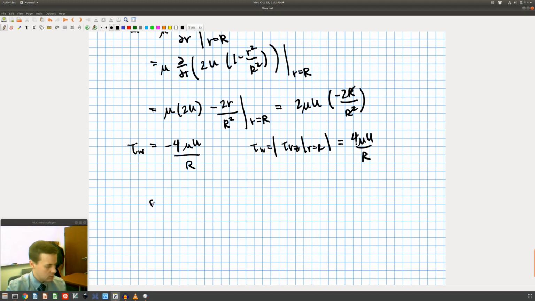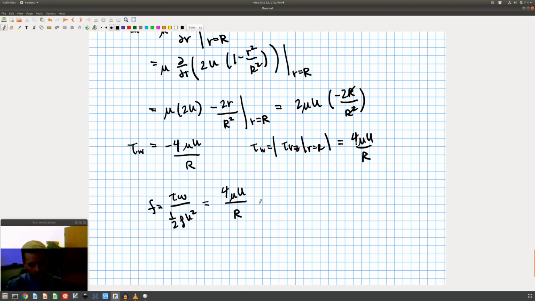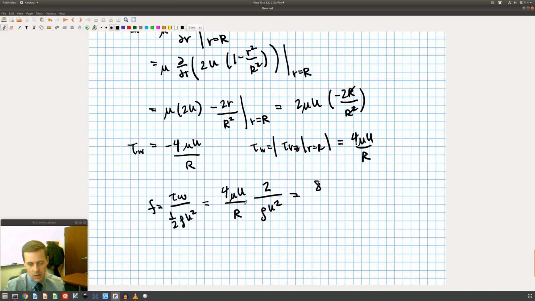So now to calculate the friction factor, I say the friction factor is equal to tau W over 1/2 rho U squared. Well, I found tau W in terms of U, so I can just plug that in. So I have 4 mu U divided by R, and then I have 2 rho U squared. The 2 gives me an 8 on top.